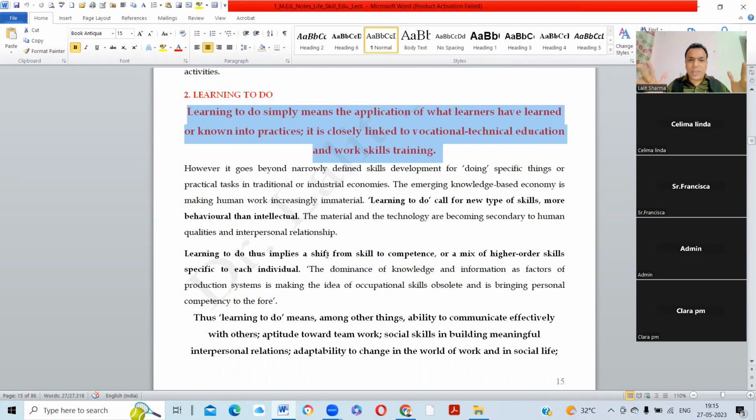Whatever you are teaching the student, there should be a practical aspect and an application of it. So basically, it is closely related to vocational technical education and work skills training.